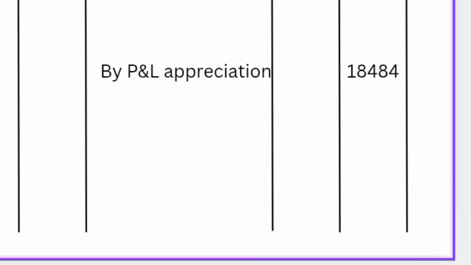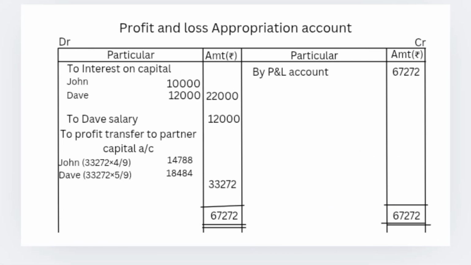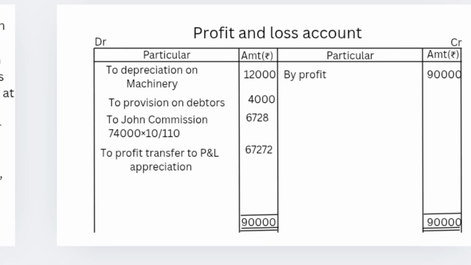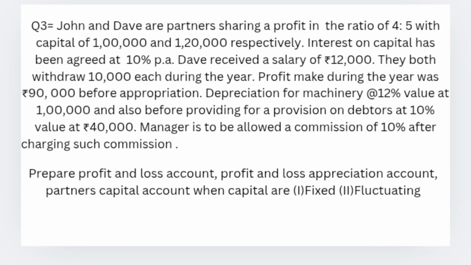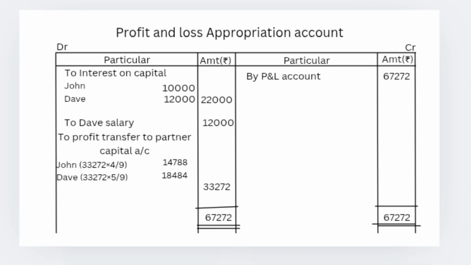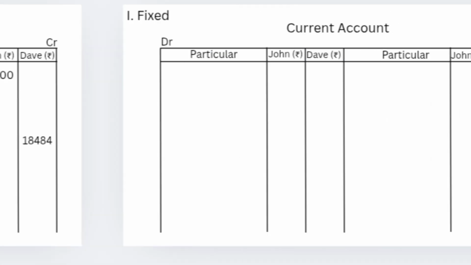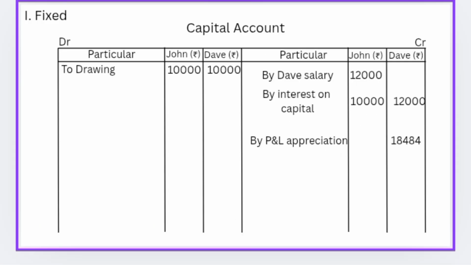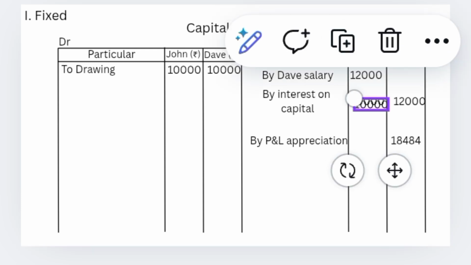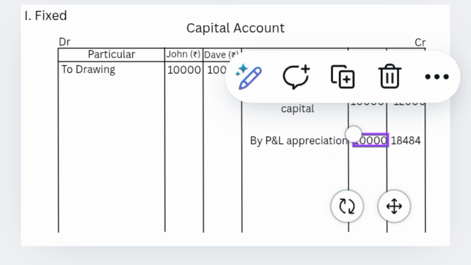The next one is the interest on capital. The amount for interest on capital for John is 10,000, for Dave is 12,000. Yes, then we'll do the profit and loss appropriation account.